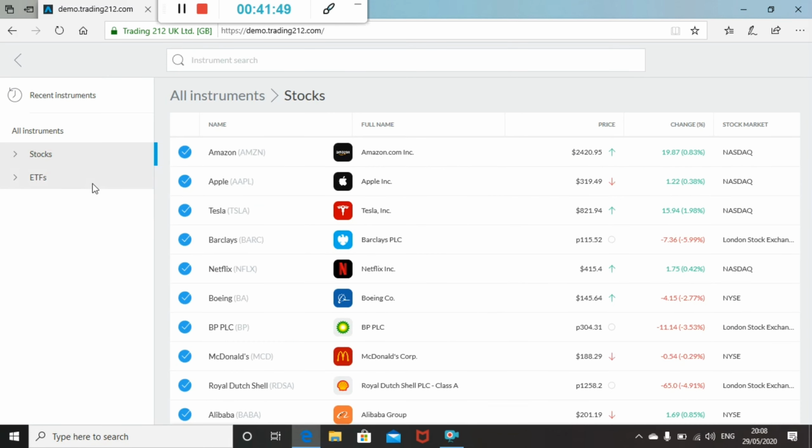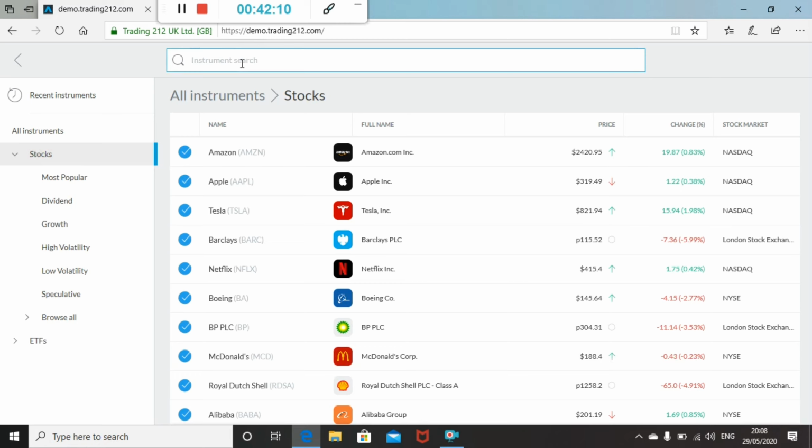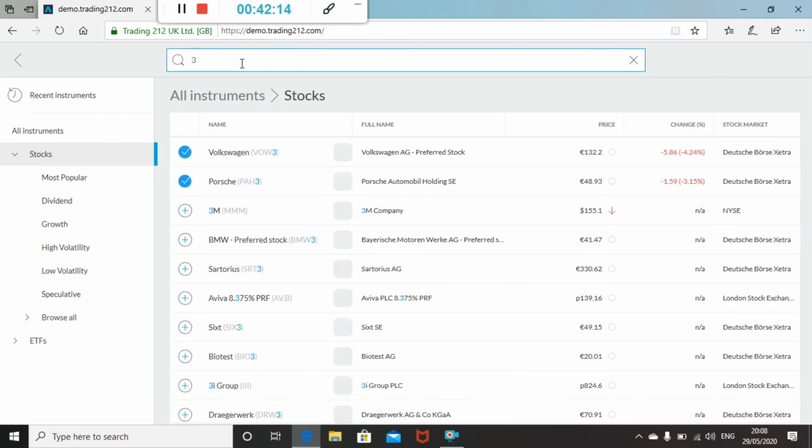As soon as you click on the search function, it's going to give you a list of all the products that they have available, something like 2,500 of them. You can either drill down and search via stocks or ETFs, depending on what you want. Or, again, you can type in the ticker number or the name of the company here. So let's look for 3M as an example.